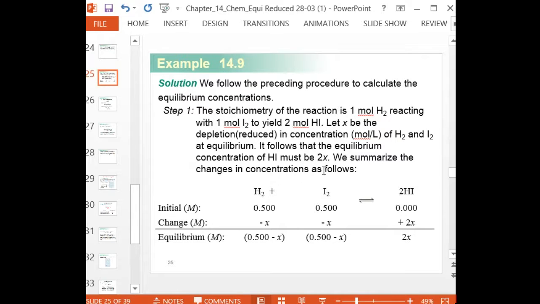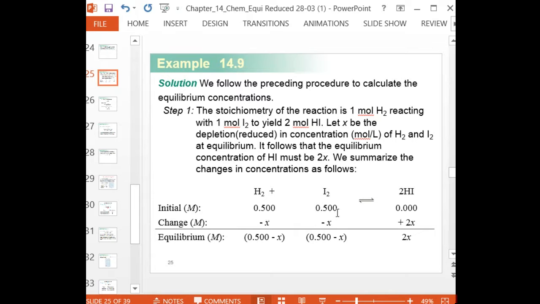We always consider the reactant as minus x, because the reactant always reduces, meaning minus, and the product always increases, meaning addition, plus. So in this way you first write the ICE table: initial, change and equilibrium.